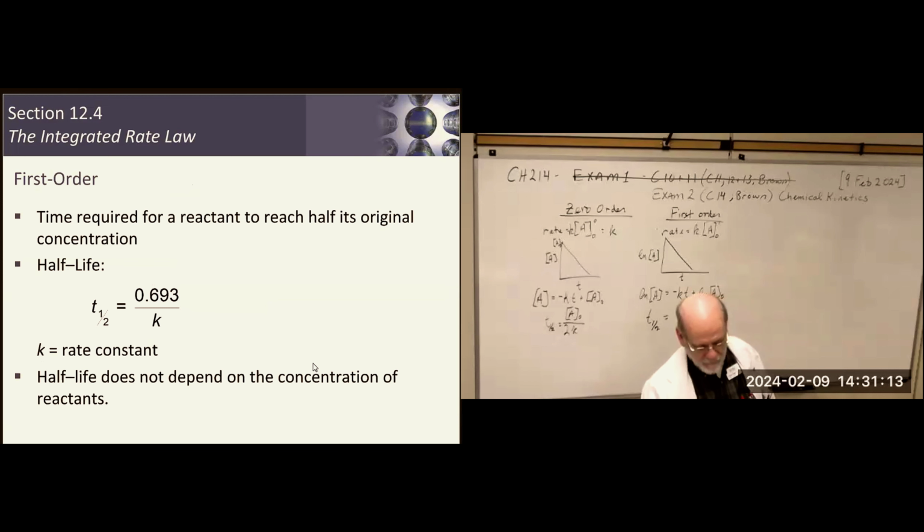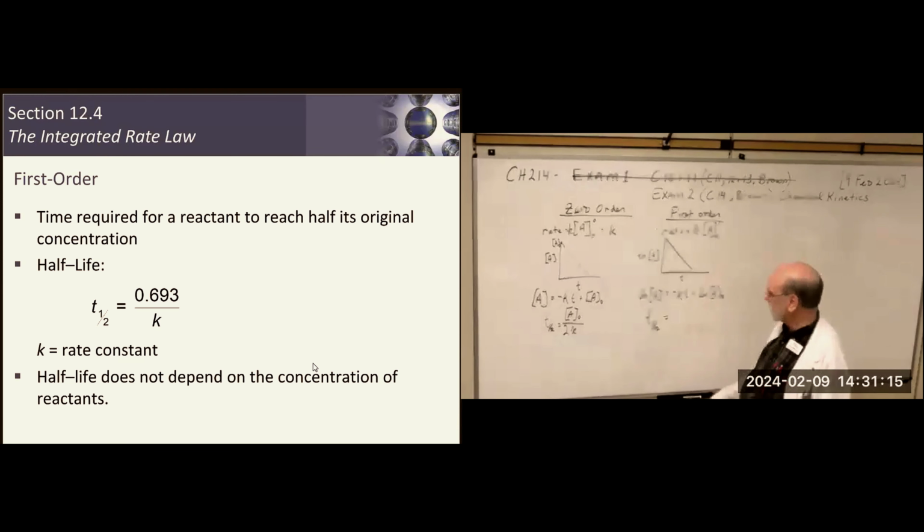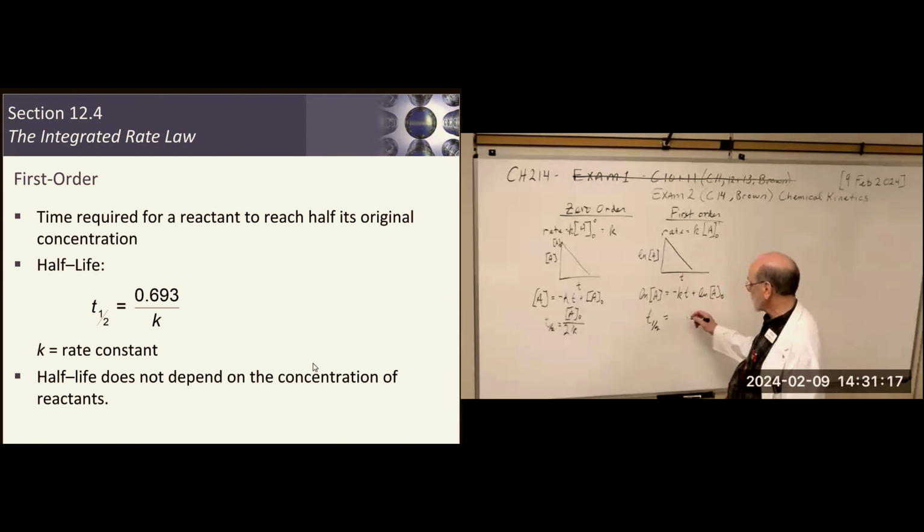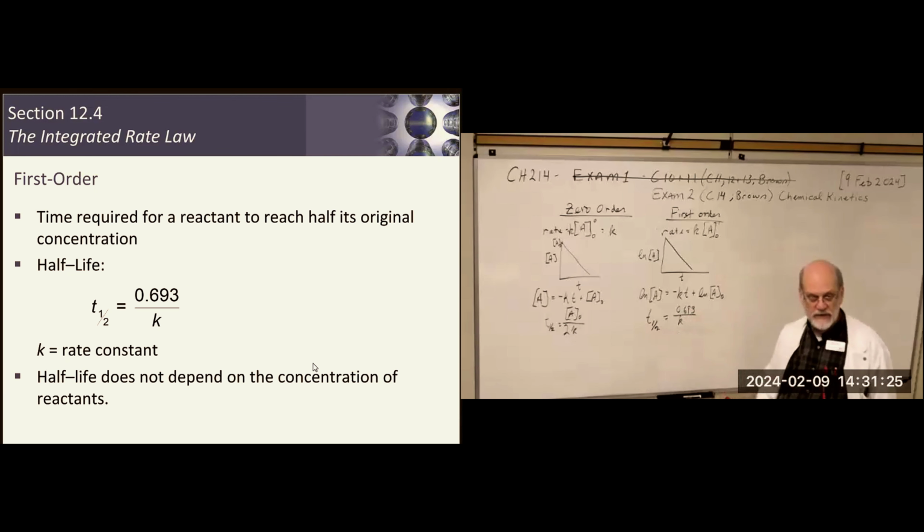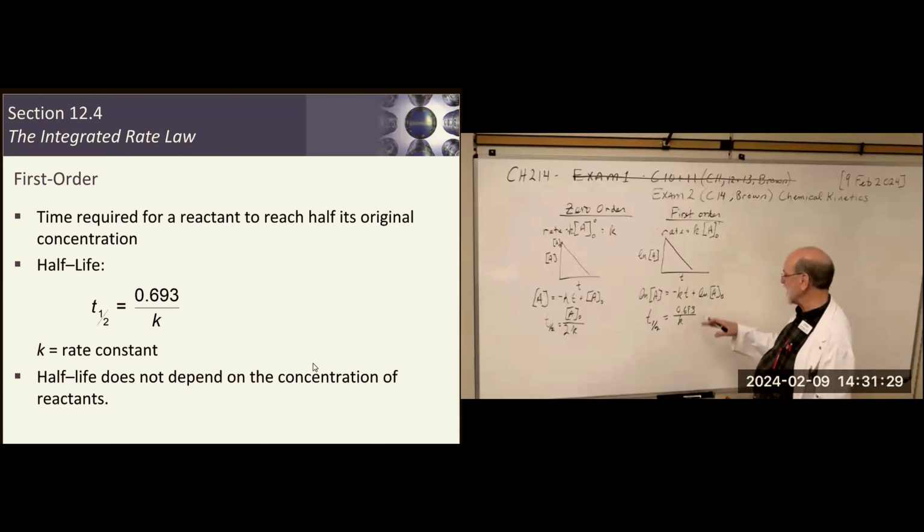And if we calculate the T1/2, notice that for a first order reaction, it does not depend on the concentration of A at all. So the concentration of A can be anything. The half-life is not going to change. As long as the K is the same, the half-life will be independent of the concentration of A.